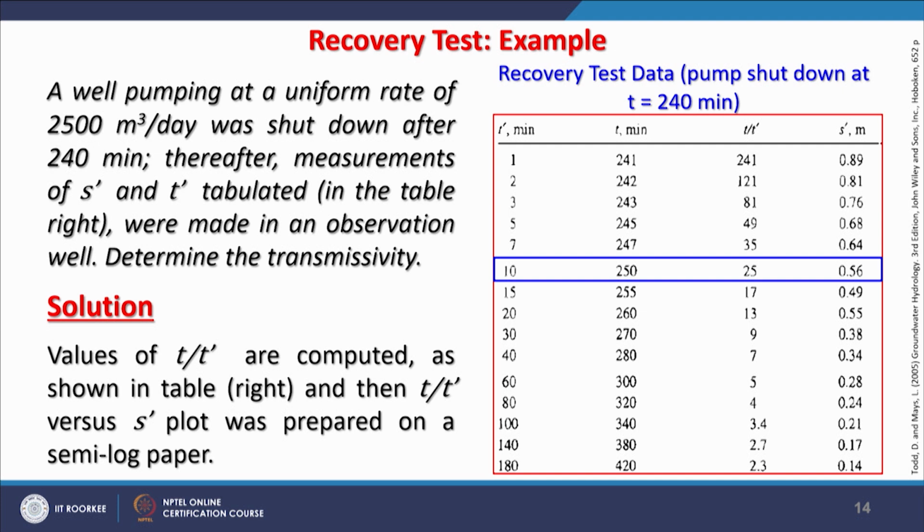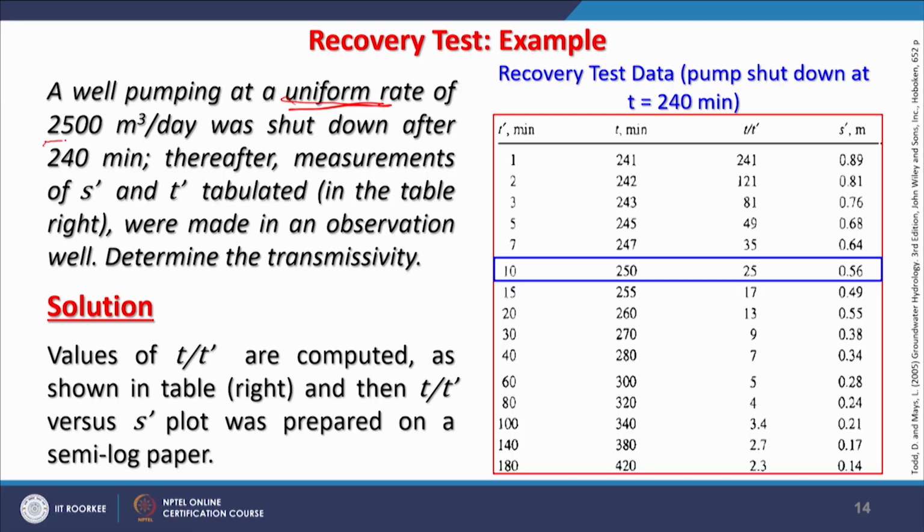Now, one example of a recovery test is given here. It is assumed that Q was a uniform rate, though earlier we said that it is very hard to get uniform pumping from a well, but let us assume that it is uniform. That is one of the assumptions.